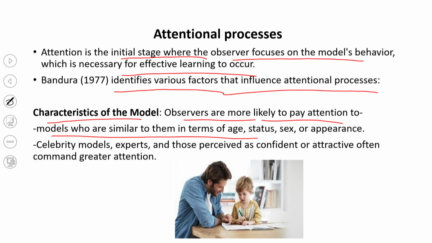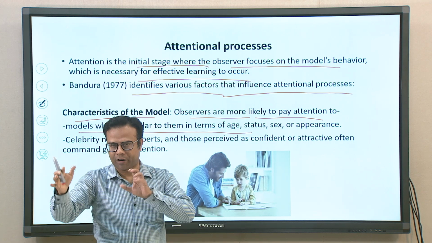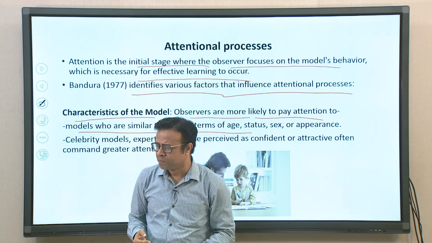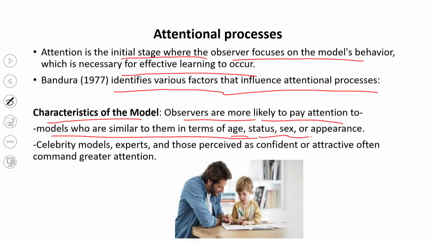He is able to do it, I can also do it, some kind of connection is built up because of similarity factors. It may be similarity in background, similarity in education, whatever it is. In terms of age, status, gender, appearance and so on, a lot of these factors could determine whether that person is similar to you or not. Okay. So, if you find someone doing something of a similar background, your attention is more likely to go there.